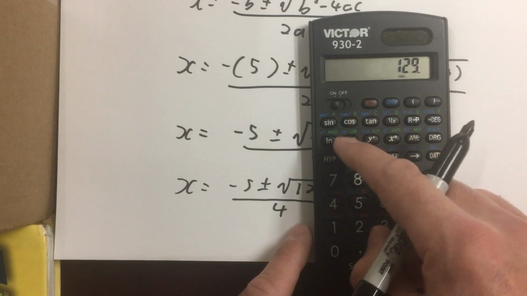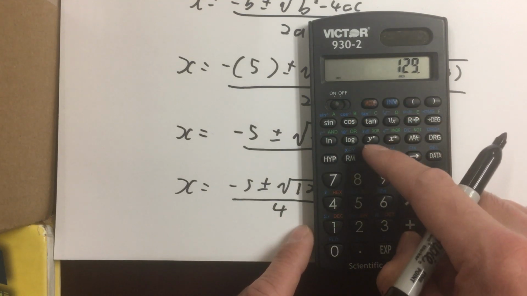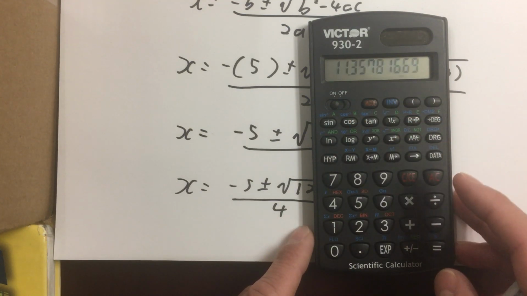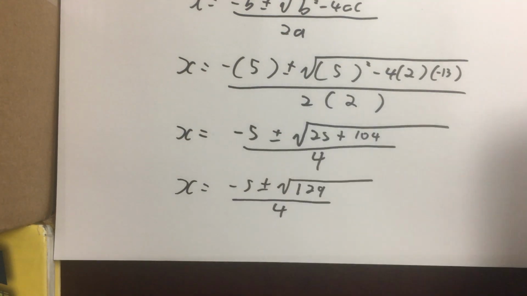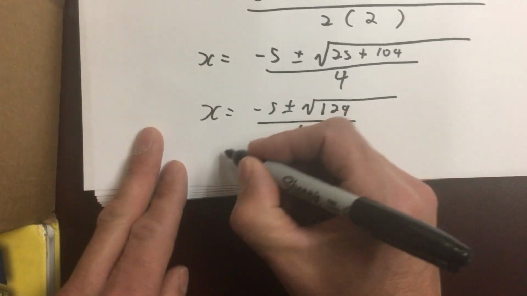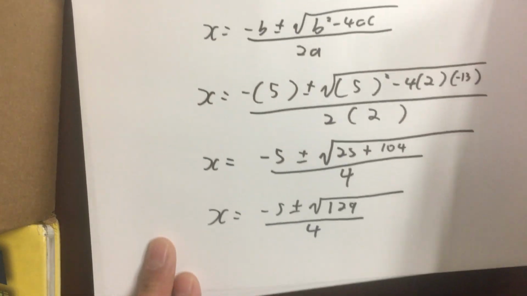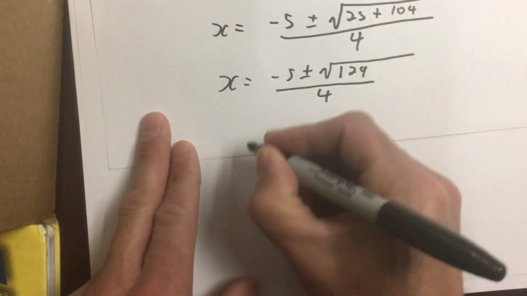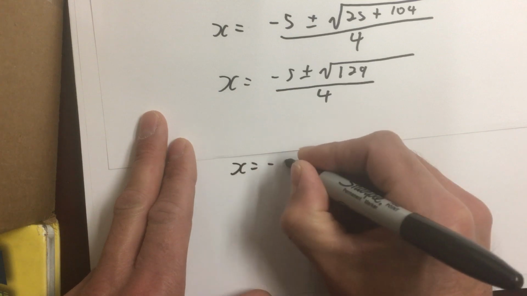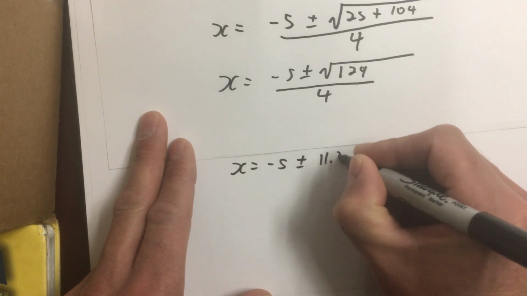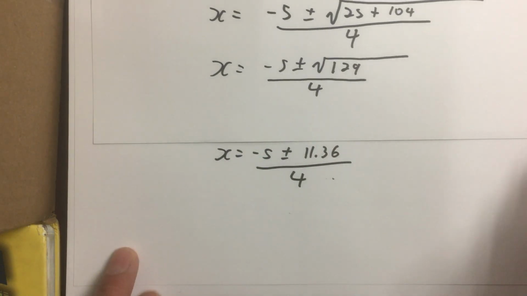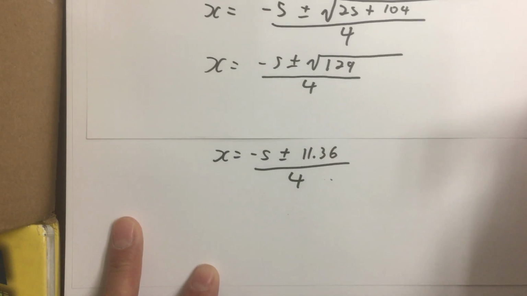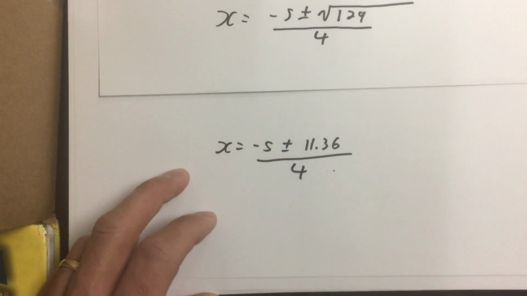So 129, and its square root is 11.36. So I have negative 5 plus or minus 11.36 all over 4.